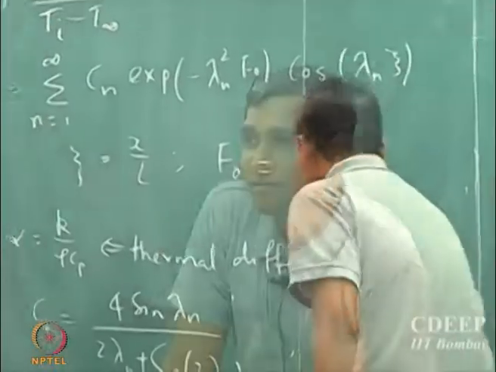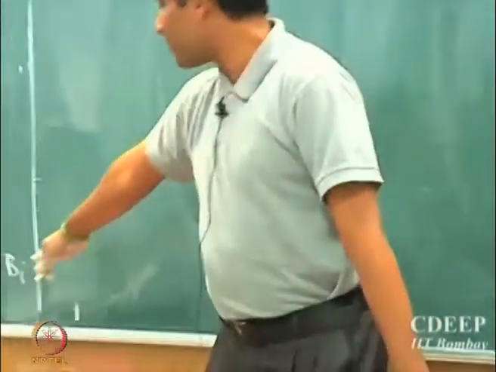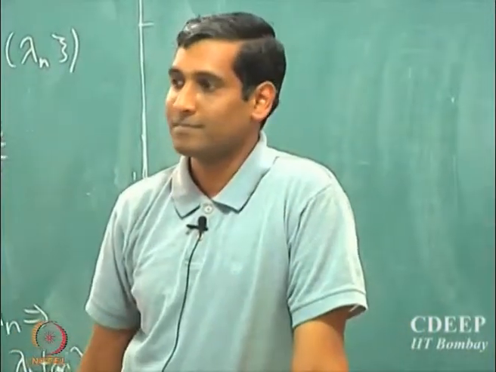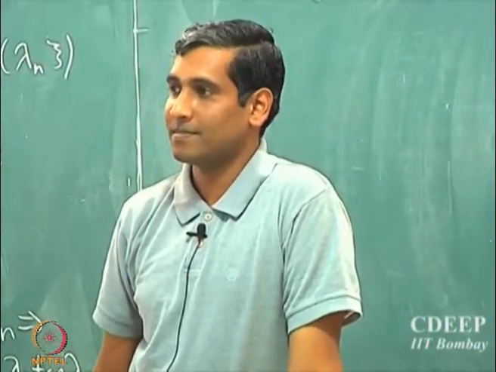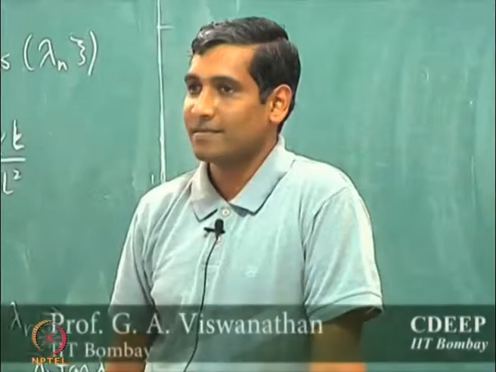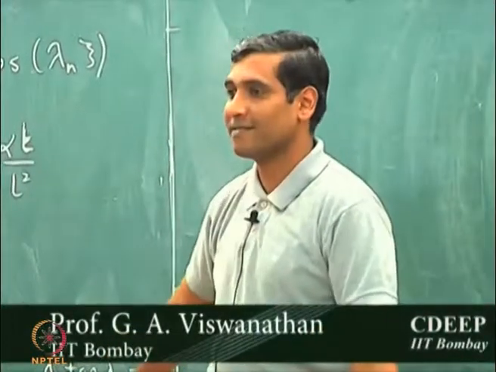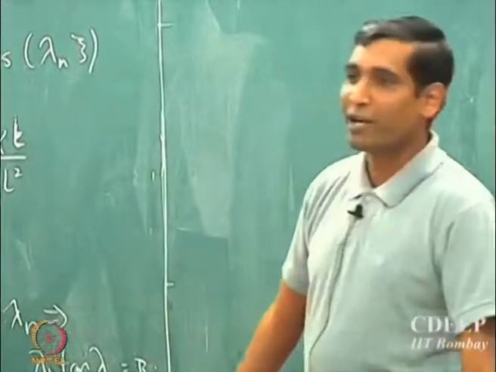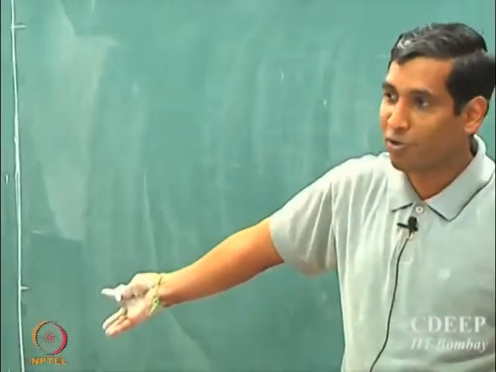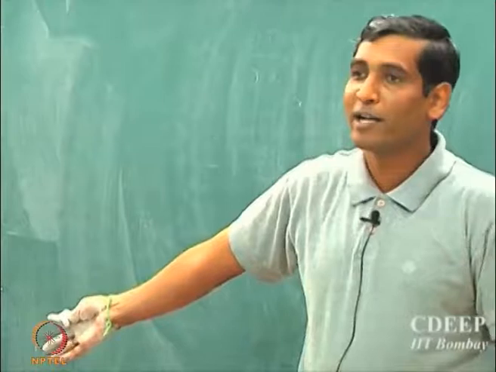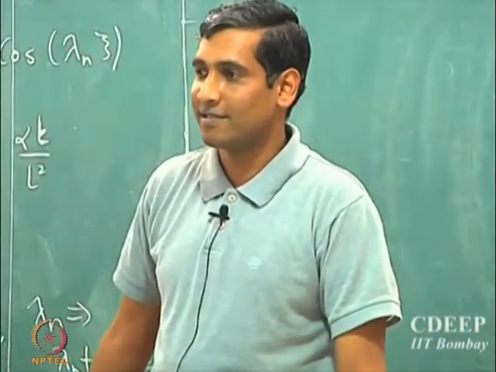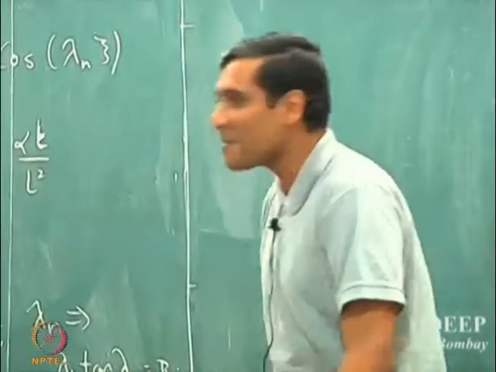How do you solve lambda n tan lambda n equal to Bi for a given value of Bi? Is it linear? Not linear. So you cannot get analytical solutions for the roots, so you have to use a nonlinear solver. Which nonlinear solver? Scilab?